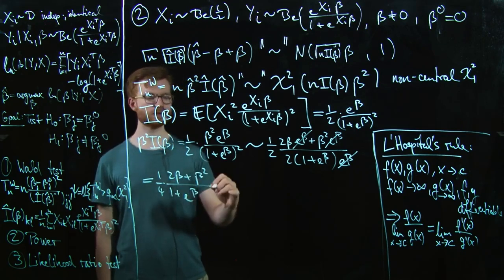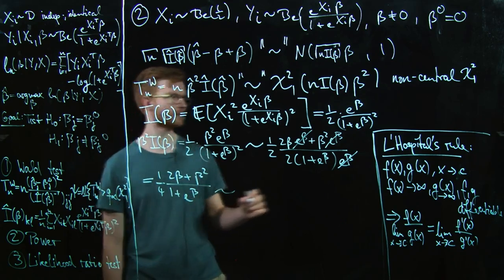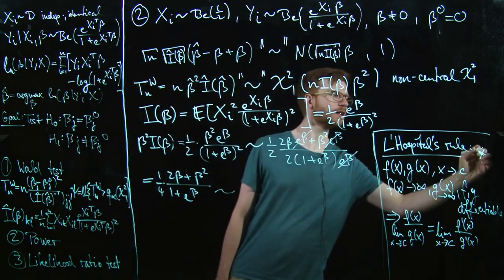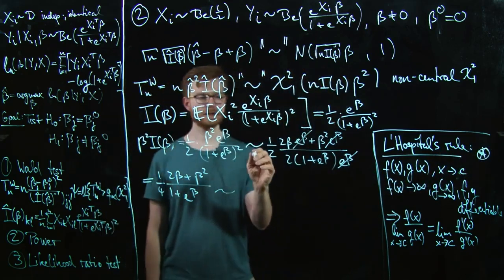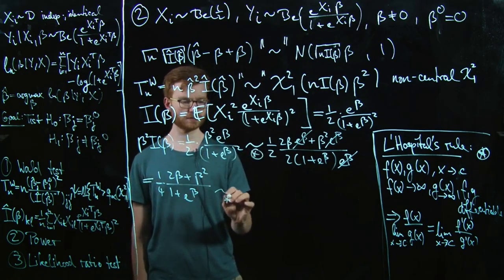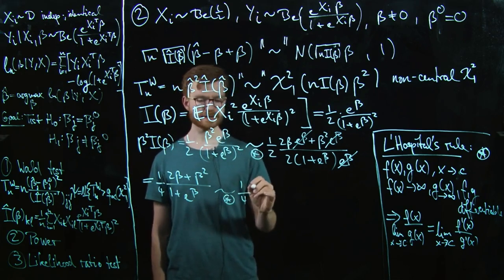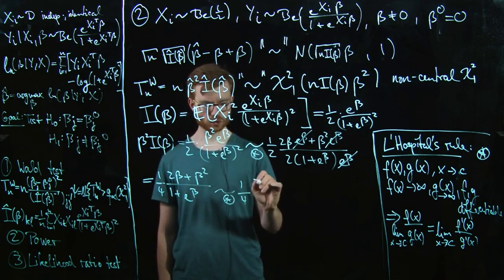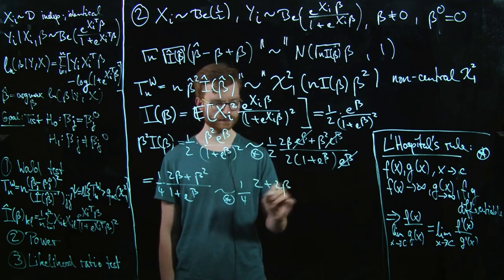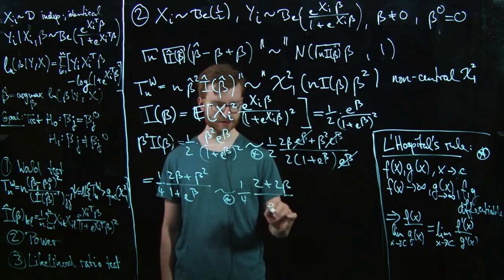Goes to infinity, goes to infinity. So let's use L'Hopital again. So let's call this star. And here I'm using star, and here I'm using star. Gives me 1/4 times 2 plus 2 beta divided by e to the beta.